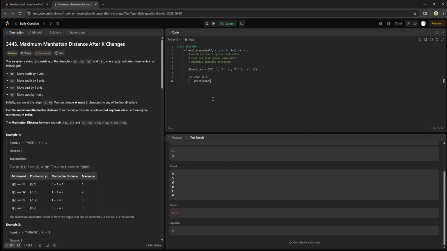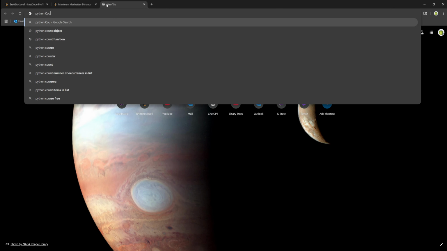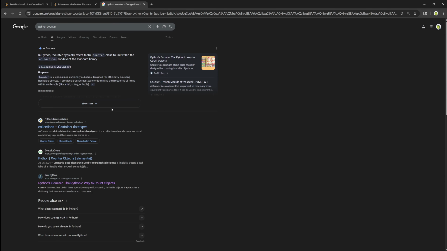So that's probably what we're going to do. Okay. So we go through each character one by one, right? And then do we just add it to the counter, yeah? There is a library for counters.